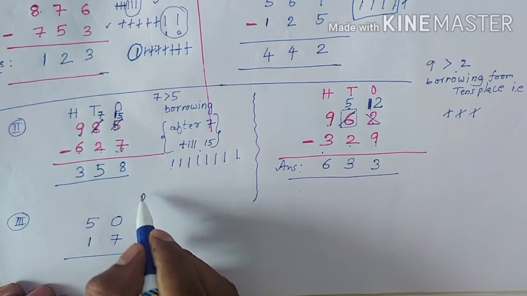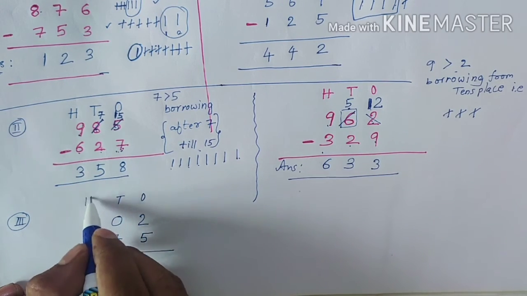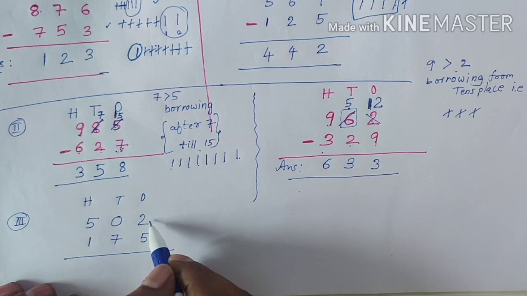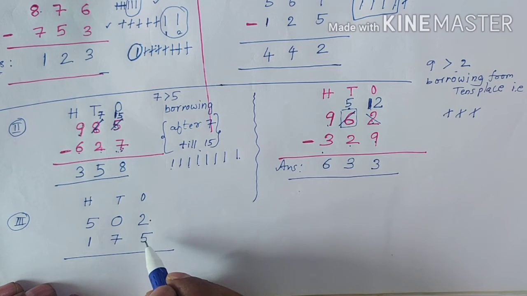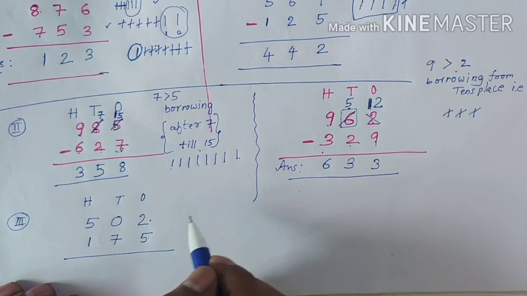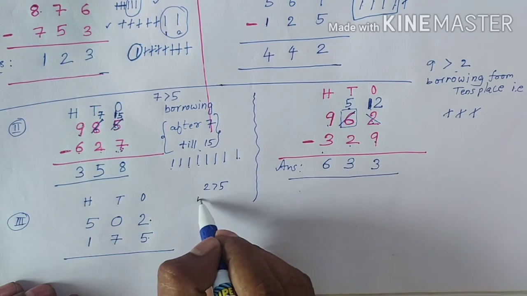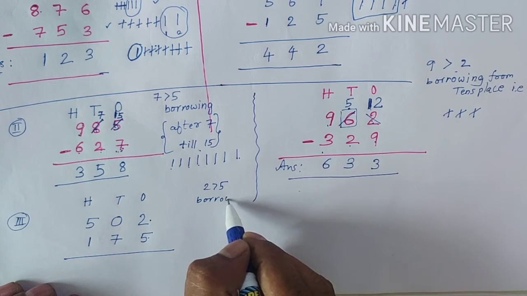So this is the ones place, tens place, and this is the hundreds place. Here in the ones place you have 2 and you have to subtract 5 from 2. You know that 2 is smaller than 5, so you have to borrow here. So what is the process you have to do here? Borrowing.